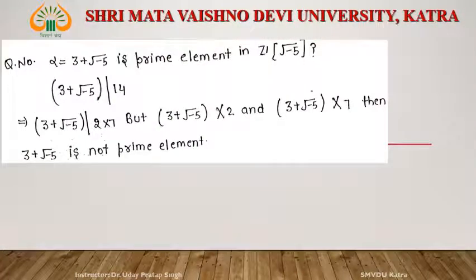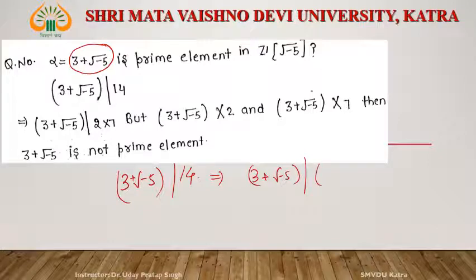Now 3 plus square root of -5 is not prime. Why not prime? 3 plus square root of -5 divides 14, since 14 is 3 plus square root of -5 into 3 minus square root of -5. This divides.